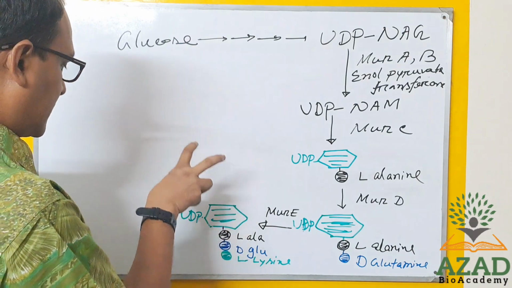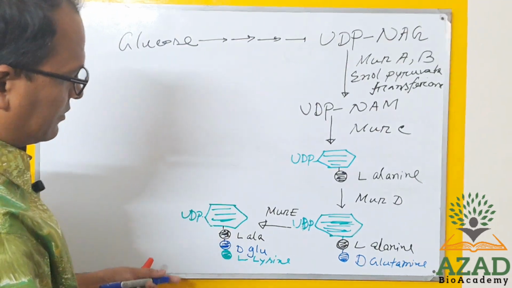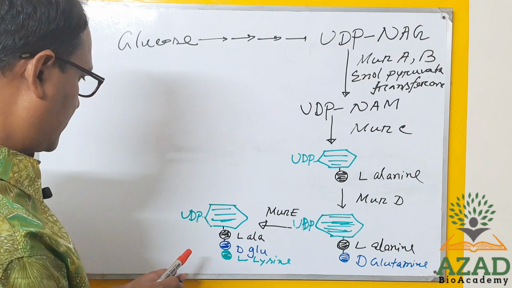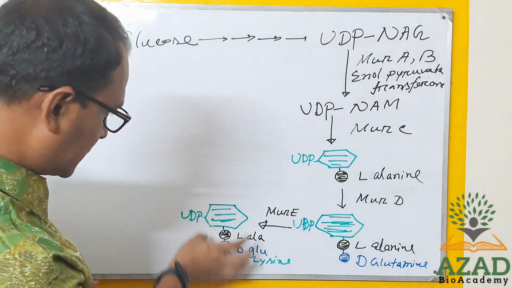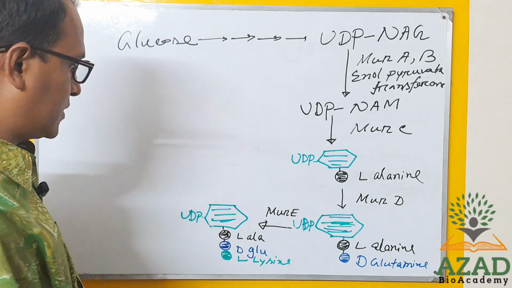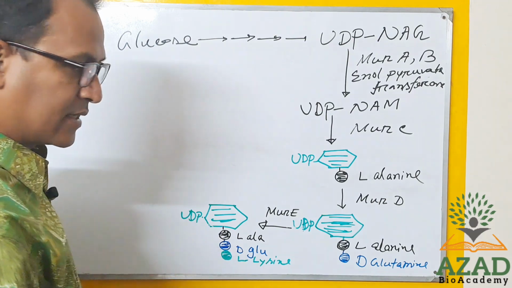That means now this UDP N-acetyl muramic acid is just carrying 3 amino acids, a trimer of 3 amino acids: L-alanine, D-glutamine, and L-lysine.